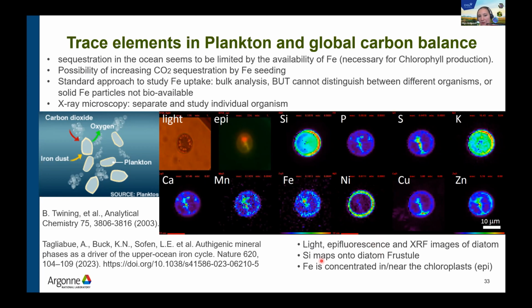So here's just one of the examples of how we can visualize different fragments of the cell. There are other bulk analysis methods available to study this kind of cells. However, they cannot differentiate between organisms, or if you need to differentiate organisms before you study them in bulk, you may introduce significant artifacts and so on.